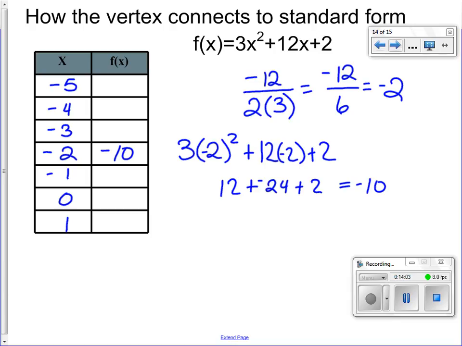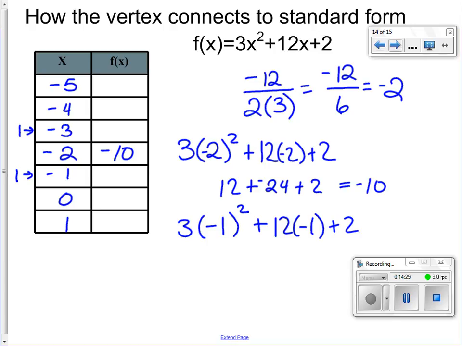Now remember from the last slide, I really only have to find half these values from the table because they're evenly spaced out. This is 1 step away, and that's 1 step away, so they'll have the same value. So I only have to do half the work. I have 6 spots to fill, so I only need to do this about 3 more times. All right, so 3 times negative 1 squared plus 12 times negative 1 plus 2.